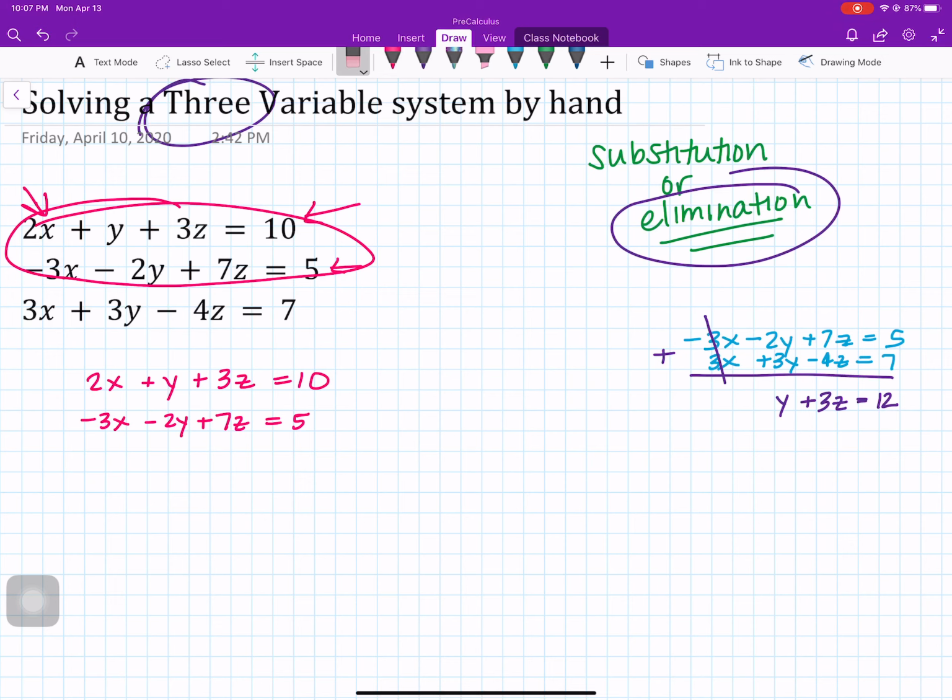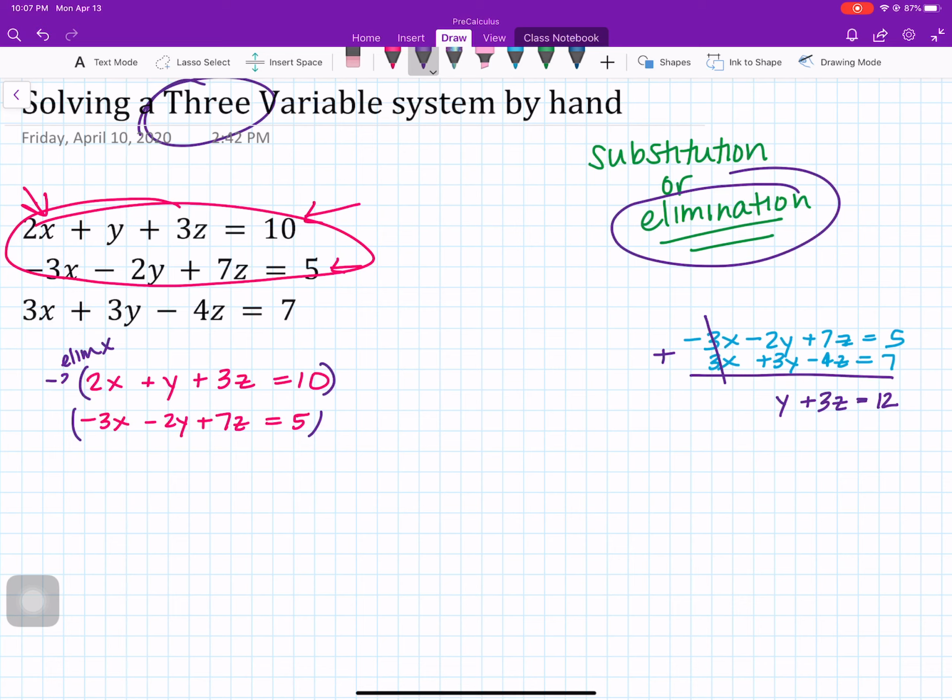Okay, so again, since I chose to eliminate variable x over here, I have to eliminate x here. Even though the y might be easier to get rid of, that doesn't actually help me right now. So I have to multiply both equations by something, because they don't really have anything in common.